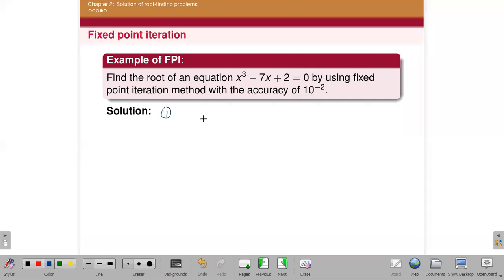If I find the interval also, x cube minus 7x plus 2 equal to 0. So what will be the interval? F at 0 is positive. F at 1 is negative. So f of x has a root in 0 1.